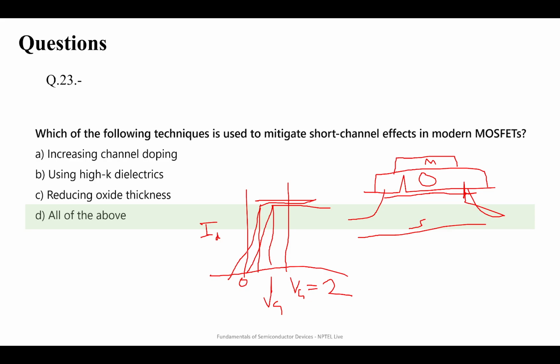But you see, due to this, my current at VG equals 0 has increased significantly. This is log of ID. So you see how this is several orders of magnitude increase due to a small change in my VG. I have several orders of magnitude increase in my off current.